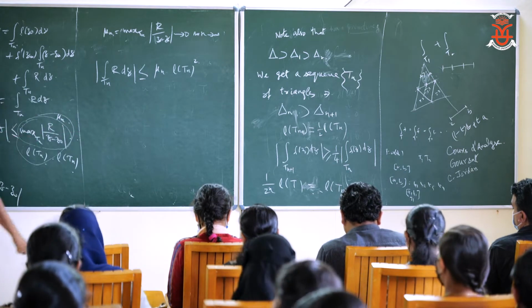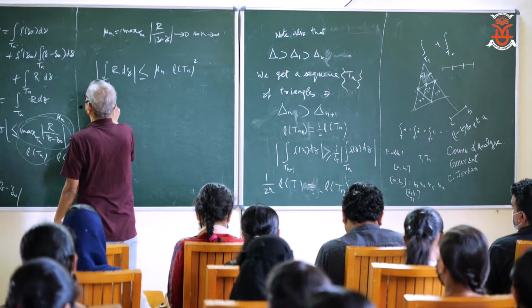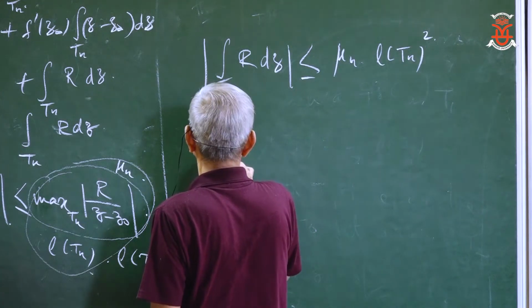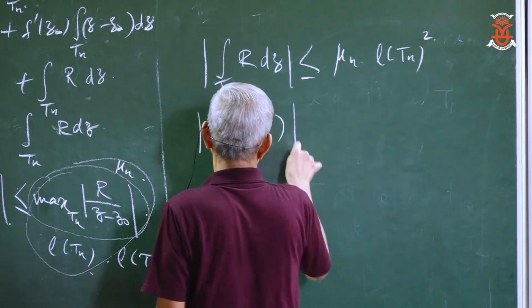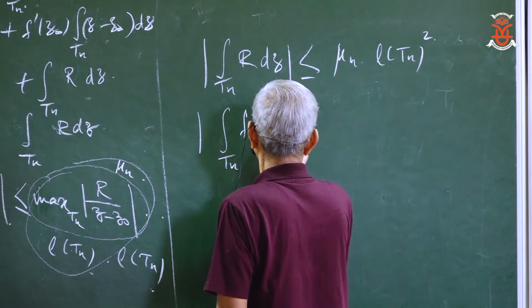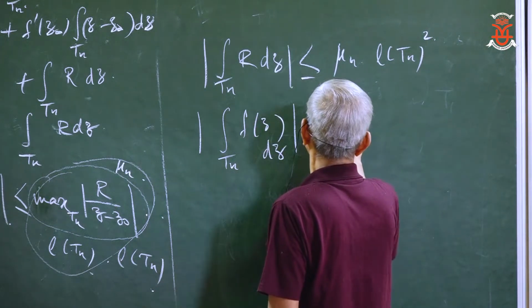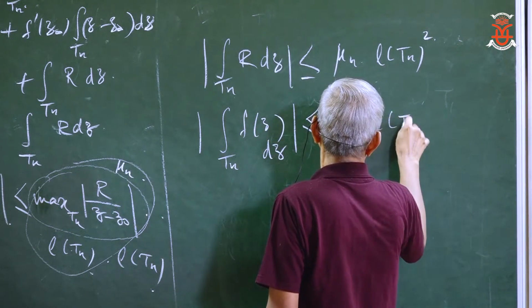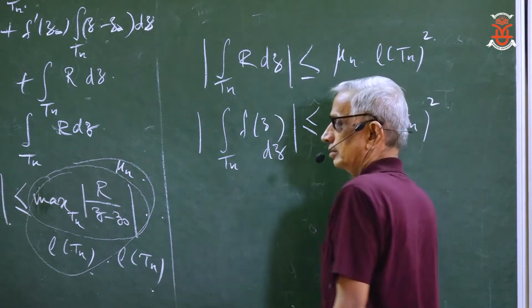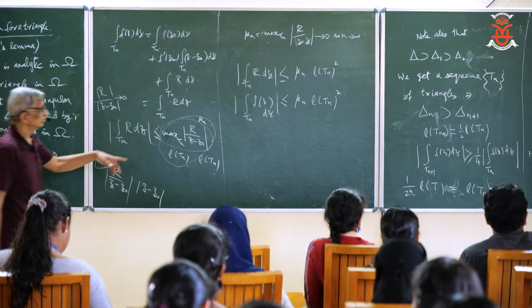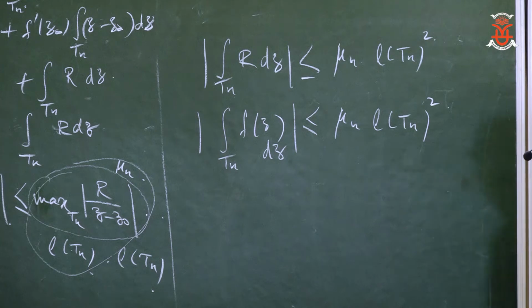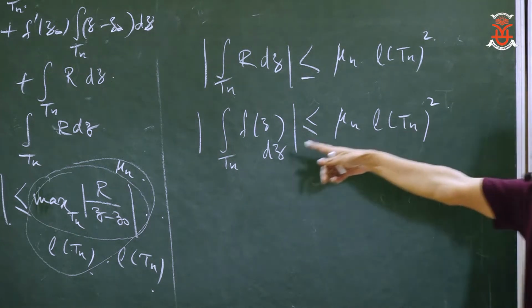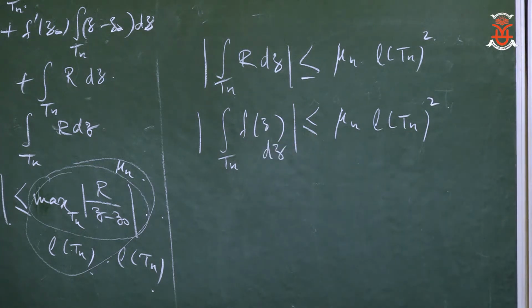So what you have therefore is that the integral over Tn is bounded by this. But what is the relation between integral over Tn and integral over T?